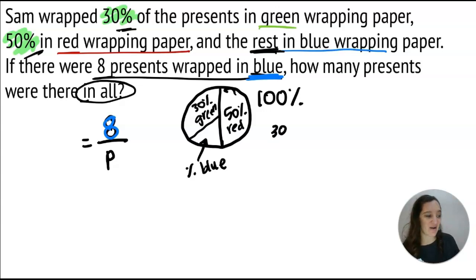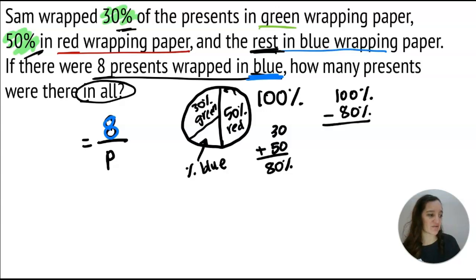How are we going to figure that out? Well, 50 plus 30% is 80%. And if I have 100% and I want to figure out what is left over after 80%, then I'm going to subtract it. That tells me that 20% of all of the presents are blue.